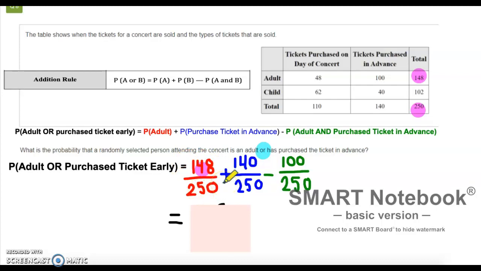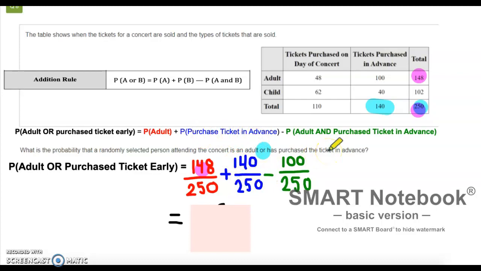We need to add to that the probability that you're a person who purchased a ticket in advance. So if we follow down our tickets purchased in advance column, we can see that 140 out of 250 total people purchased a ticket in advance. So that's the blue part of our equation here. The probability of purchasing a ticket in advance is 140 out of 250 total people.